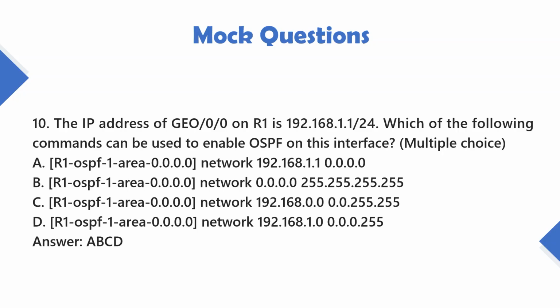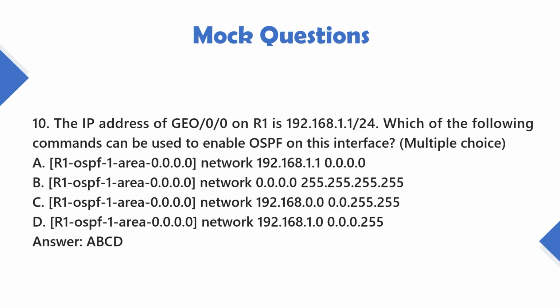A. R1 OSPF1 area 0.0.0.0, network 192.168.1.1 0.0.0.0. B. R1 OSPF1 area 0.0.0.0, network 0.0.0.0 255.255.255.255.